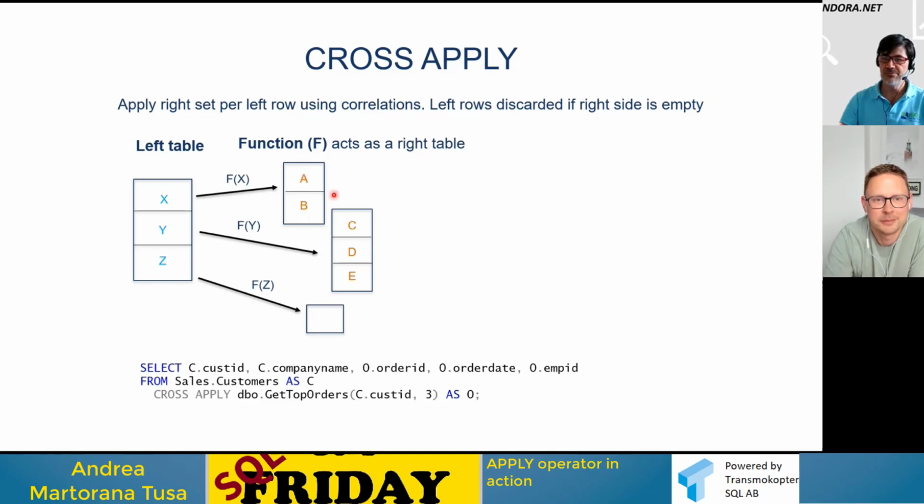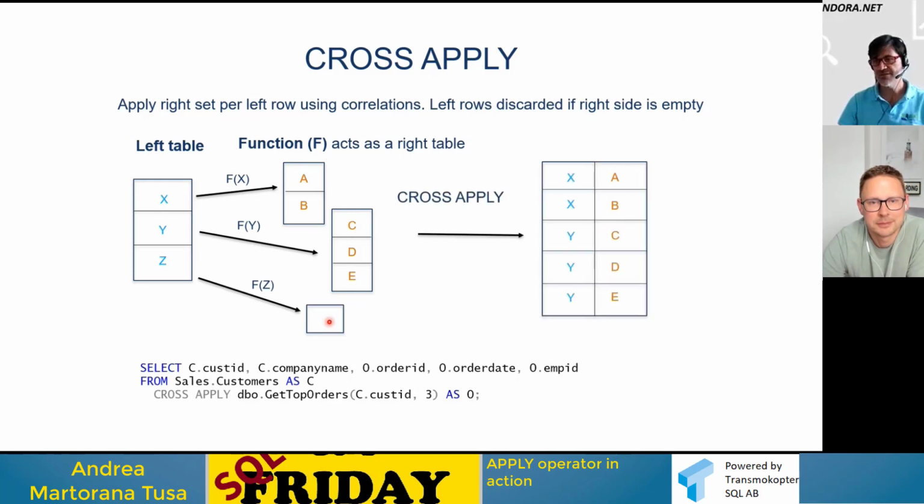Depending on the orders you get from the order table, you can have 2 rows for the first customer because it has only 2 orders. The second customer has 3 orders. For the last customer, there is no order. So in such a case, the output is a table with as many rows as you can get from the function.